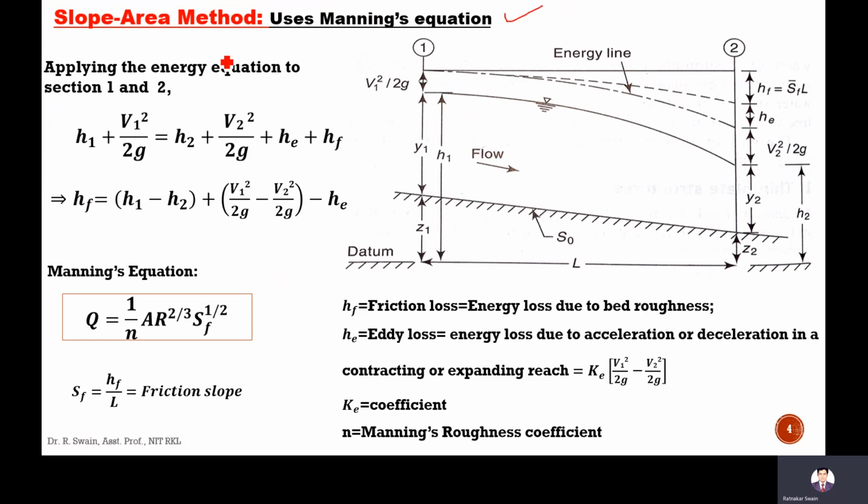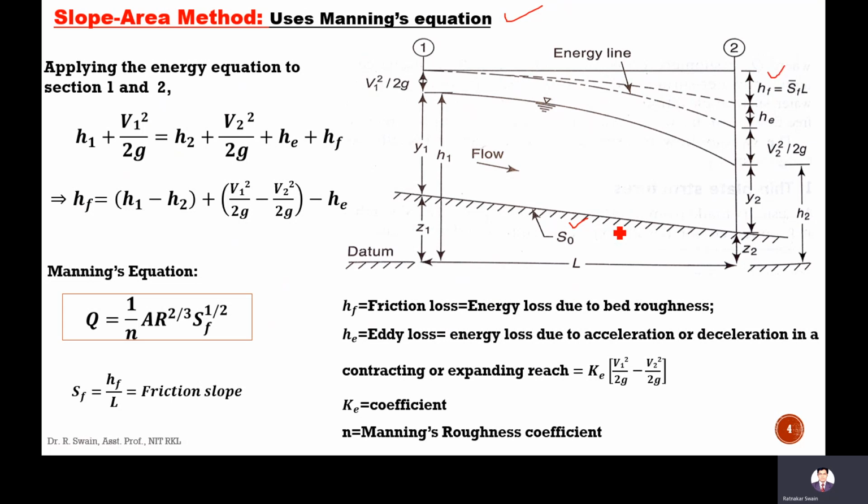Slope area method basically uses Manning's equation. Let this be the channel, with bed slope S0 and length L, between section 1 and section 2. If you take two sections, the total energy line can be plotted here, and there will be two energy losses.